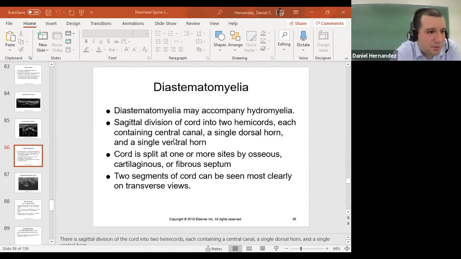So this is a sagittal division of the cord into two hemicords, each containing a central canal and a dorsal horn and a single ventral horn. The cord is split at one or more sites by osseous, cartilaginous and fibrous septums. Two segments of cord can be seen most clearly on the transverse view. So when you get your transverse view, you can appreciate your two spinal cords.